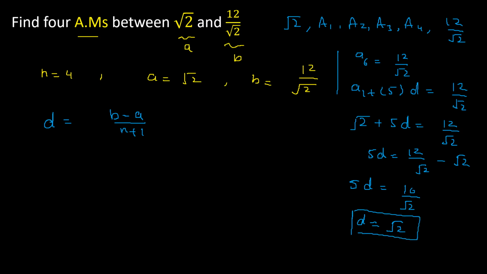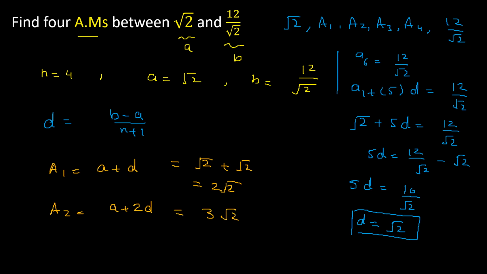Got it? So now you have got the d, then you can find the AMs just by adding the d's. So A1 will be equal to a plus d, and here that will be 2 root 2 plus root 2, which makes it 3 root 2. So this is the first, A1. Next one is A2, which will be equal to a plus 2d. So if you put in, that will give 4 root 2.